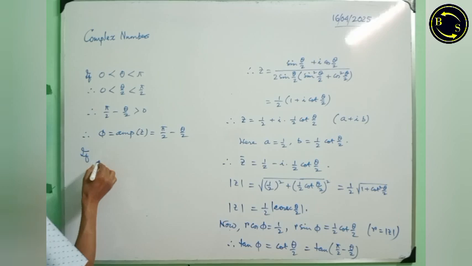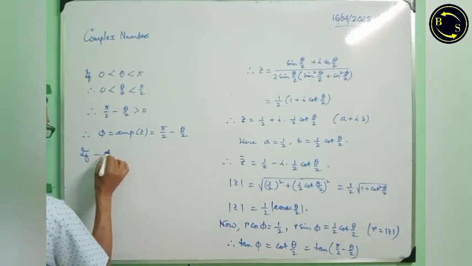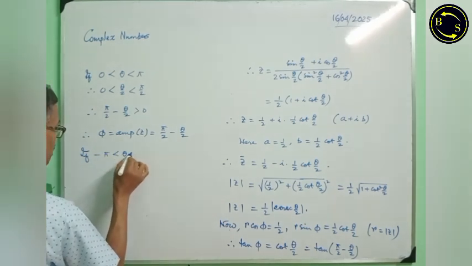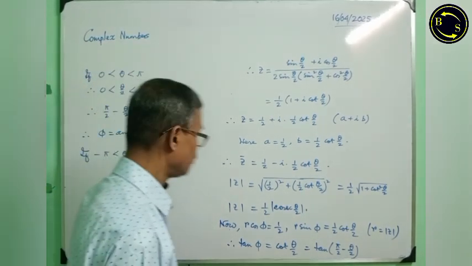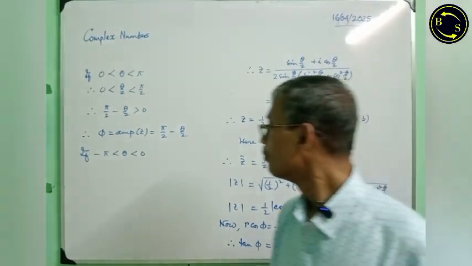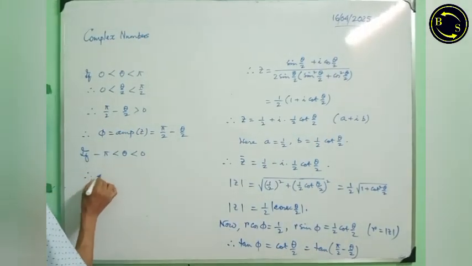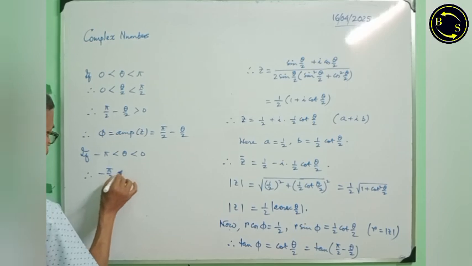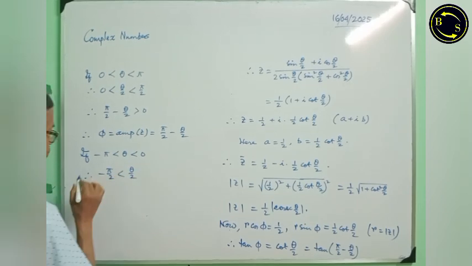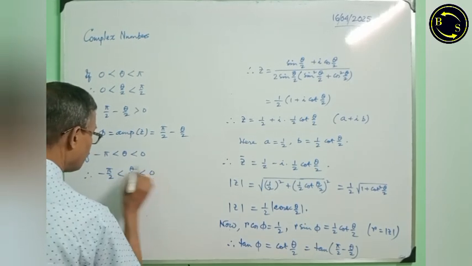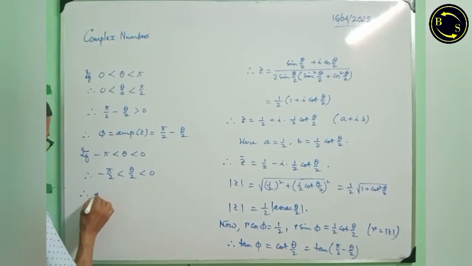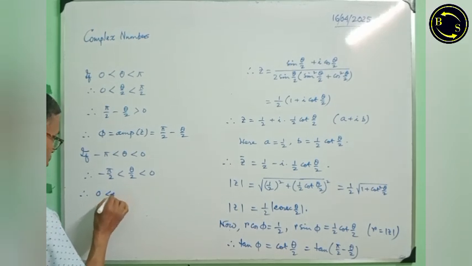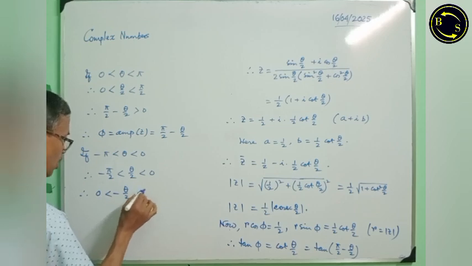If minus pi less than theta less than 0, then minus pi by 2 less than theta by 2, therefore 0 less than minus theta by 2 less than pi by 2.